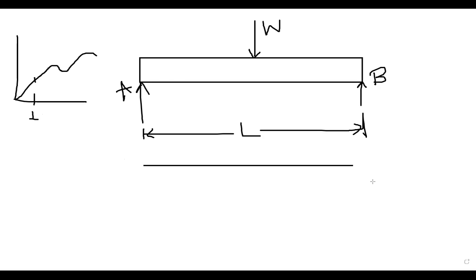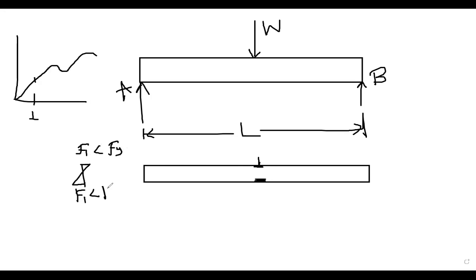At that particular point in the beam below the load, some fibers start elongating but are not completely yielding. If I draw the bending stress diagram, the stress is F1, which is less than Fy.